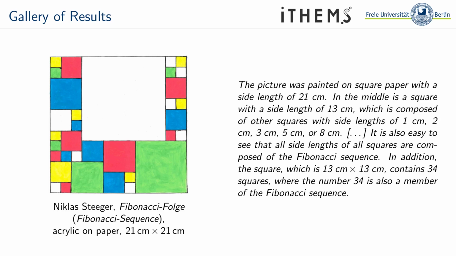It is also easy to see that all side lengths of all squares are composed of the Fibonacci sequence. In addition, the square, which is 13 centimeters times 13 centimeters, contains 34 squares, where the number 34 is also a member of the Fibonacci sequence.